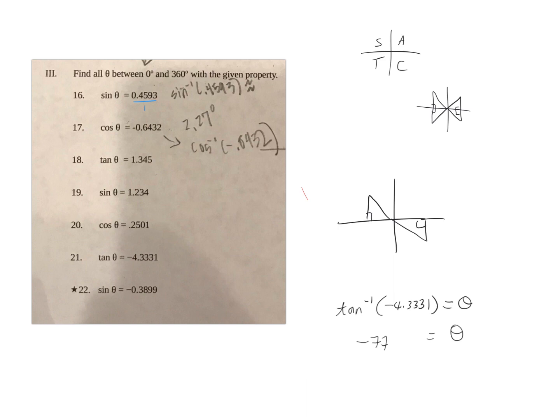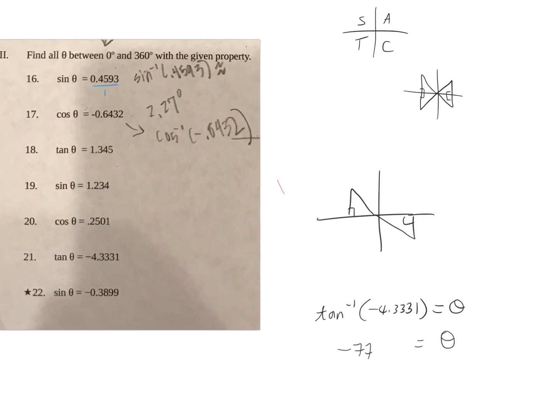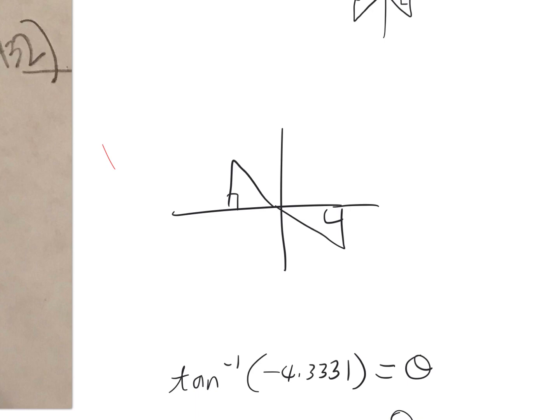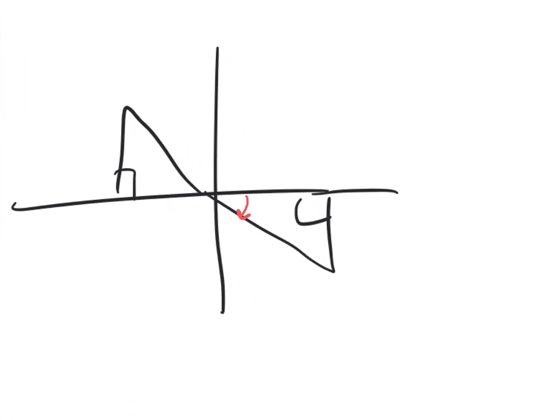Okay, now that's kind of an interesting one, because that is essentially saying this is negative, because when the angle is negative, we're going in the clockwise direction. So it's kind of a funny thing that it would give us that negative 77.